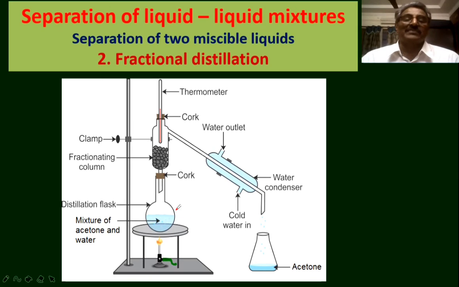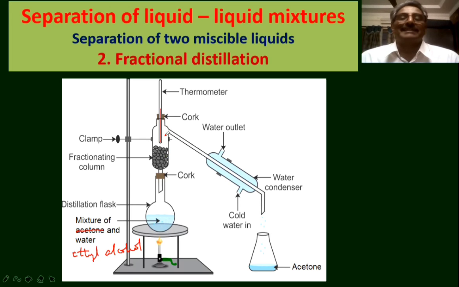This is the distillation flask which contains a mixture of ethyl alcohol and water. When this mixture is heated, ethyl alcohol boils at 78 degrees Celsius. At 78 degrees Celsius, a considerable amount of water also boils.